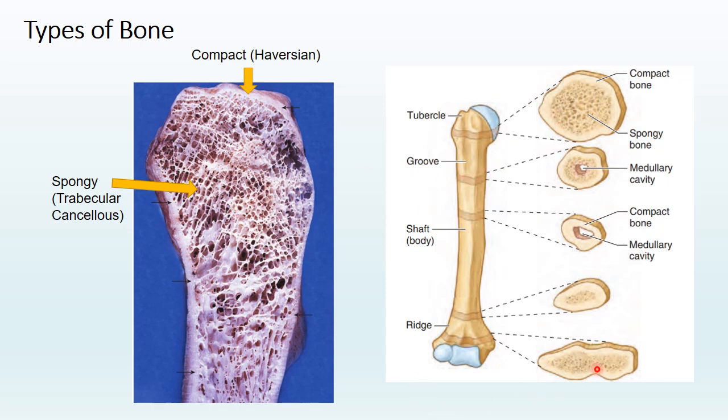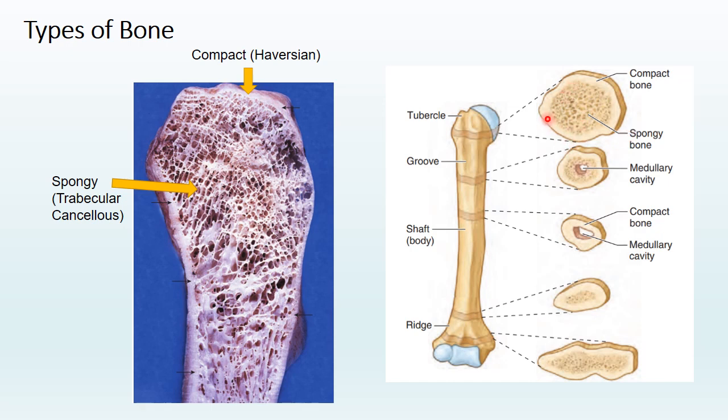And here you may have noticed that this is a type of bone called a long bone. In every region of this bone, if we cut it transversely, we find a different pattern of arrangement of compact bone and spongy bone.